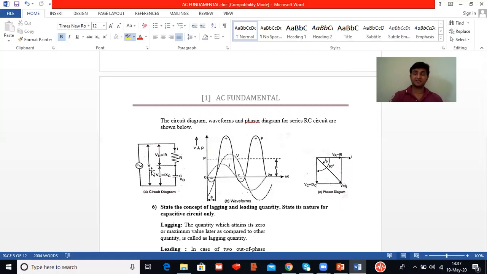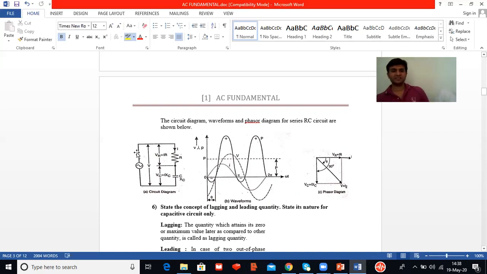The resistance and capacitance are connected in series, and an instantaneous voltage is applied across the series combination of resistance and capacitance. This circuit is called the RC series circuit. See here the series combination of R and C, and across it the instantaneous voltage source is applied.